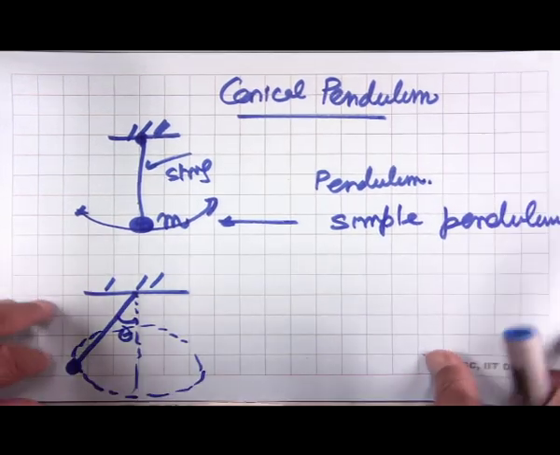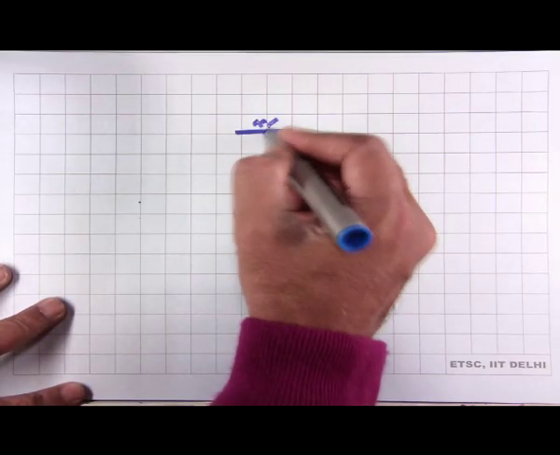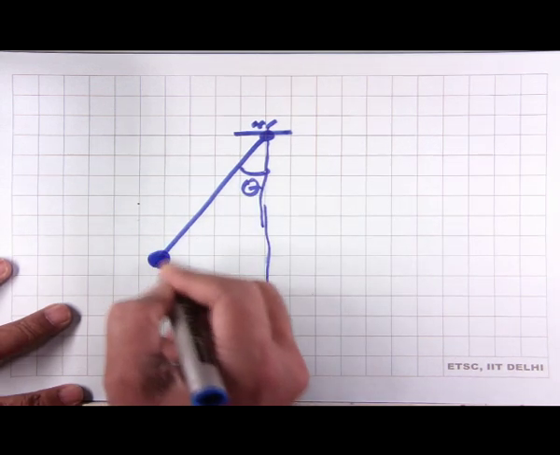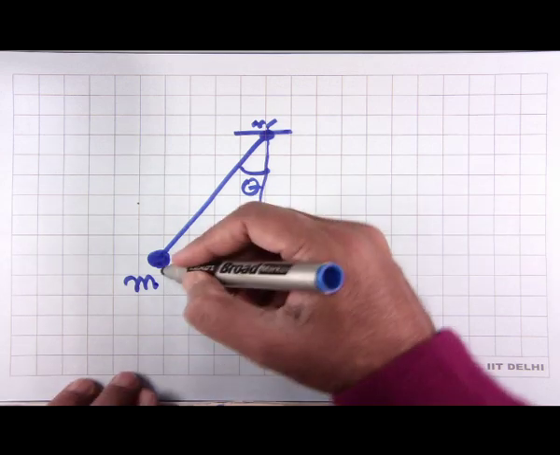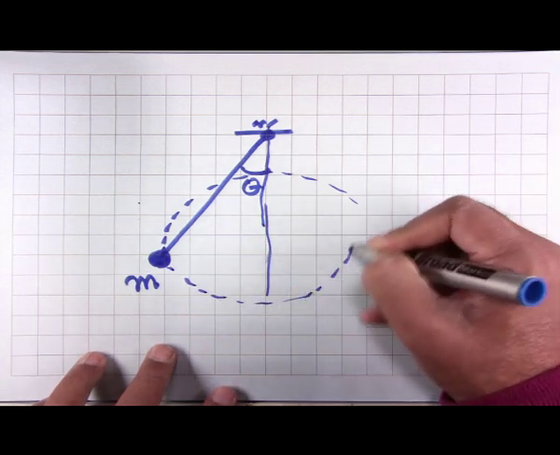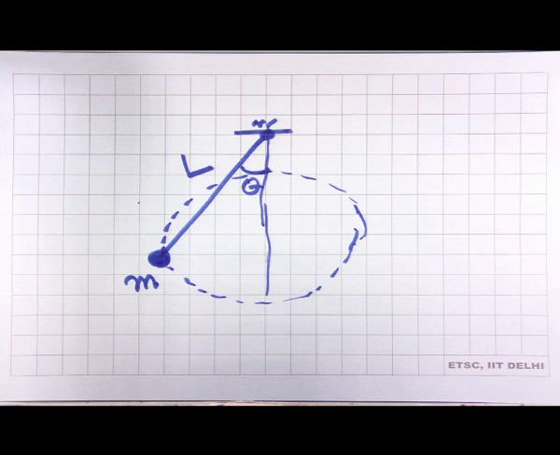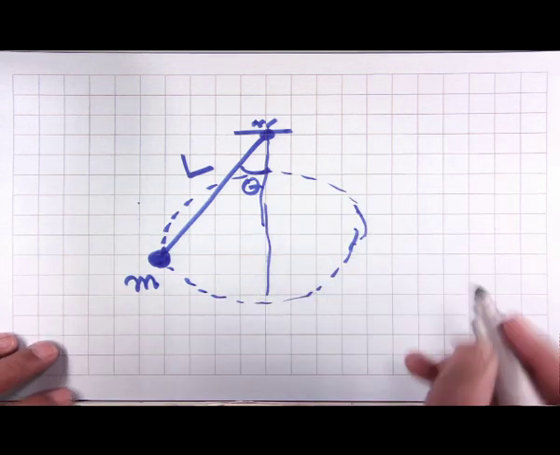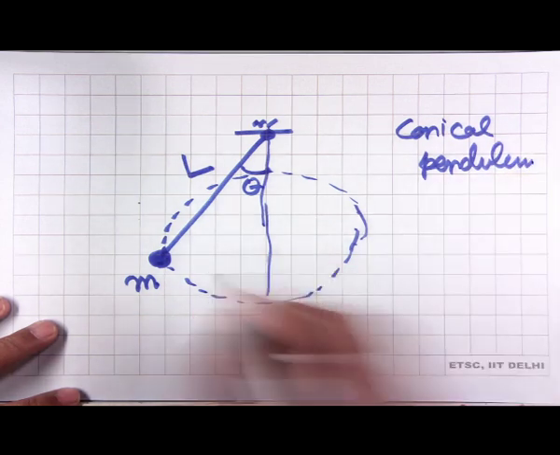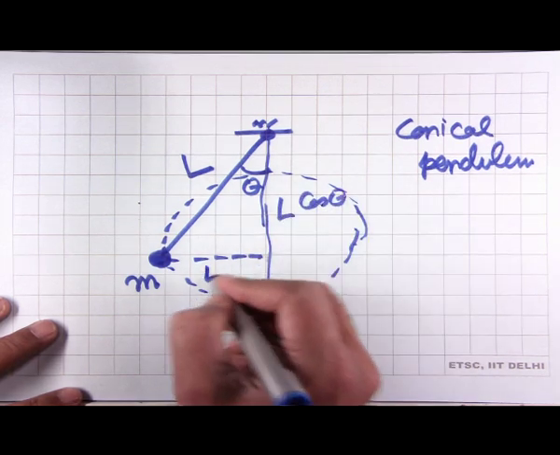But in case of a conical pendulum, let me explain this again. This is the pendulum. First we take this bob and make it move at an angle theta, and then it follows a circular path at this height. For example, if the length of the string is L and it is at an angle theta, then this will be L cos theta, and this will be L sin theta.